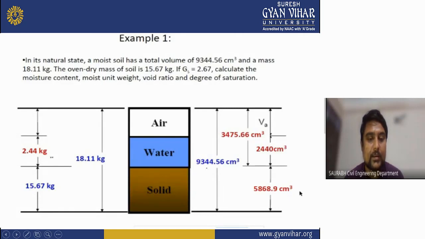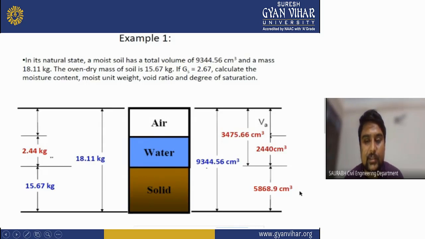In this numerical, you can see the total weight is given here, which is equal to 18.11 kg. The weight of solid is 15.67 kg and the weight of water is 2.44 kg. Now we will see the total volume, which is 9,344.56 centimeter cube.